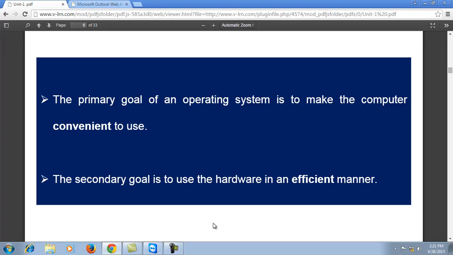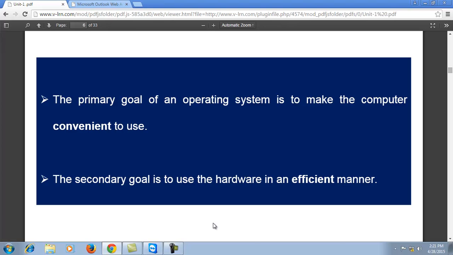Any device cannot work without an operating system or application software. If we have a device like a mobile phone and it doesn't have any operating system or software, then it is a physically dumb device. We cannot interact with that device.